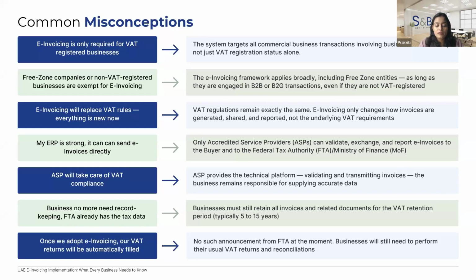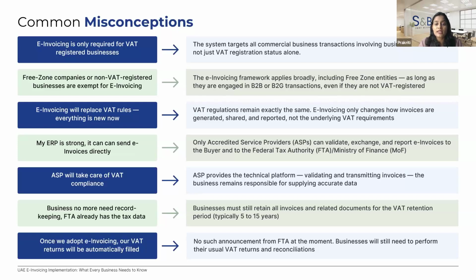Now, there will be certain businesses which are already using an ERP, and they say that my ERP is very strong to take care of invoicing. I'm already raising it. But what the mandate requires here is that you use the network to transmit those invoices as well. So the ASP is the one which will join hands with you.